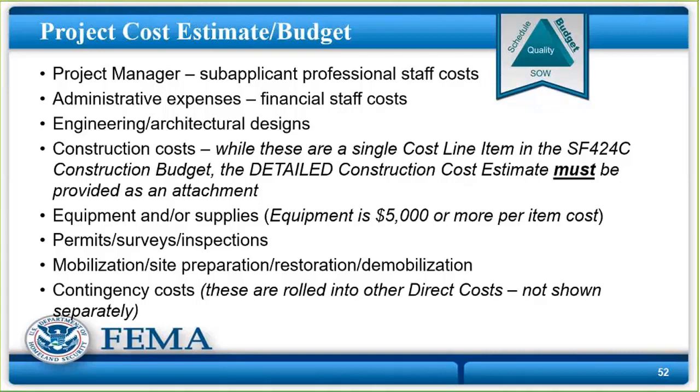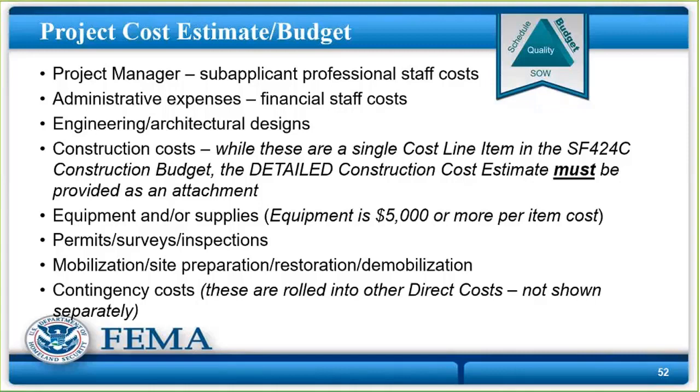That's your match, included in your budget, and therefore you get credit for it when you submit your match documentation. And then the other thing is mobilization and site preparation. That's typically included in a construction bid. Just wanted to assure you that we recognize that that's necessary in order to do the project. Demob is also necessary.